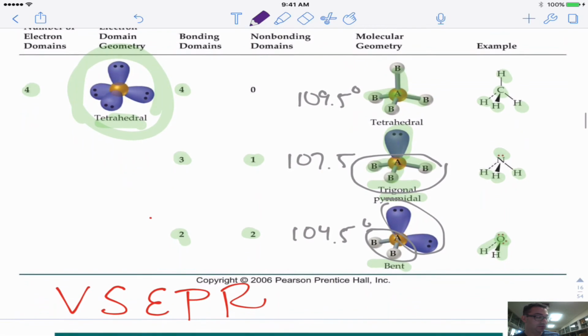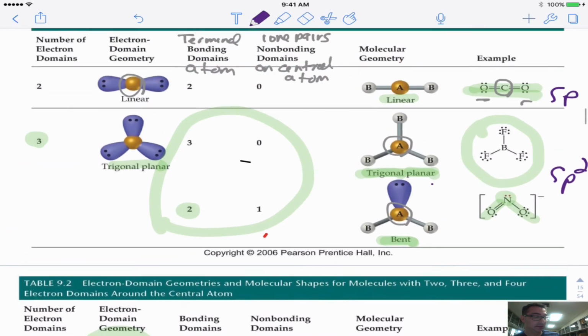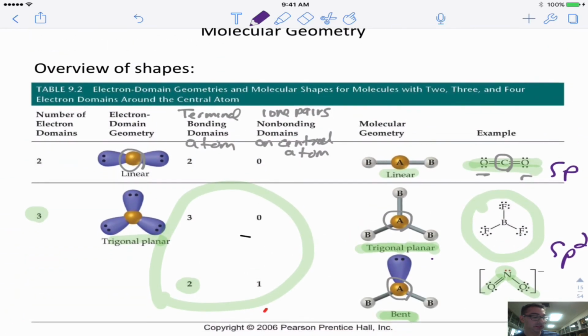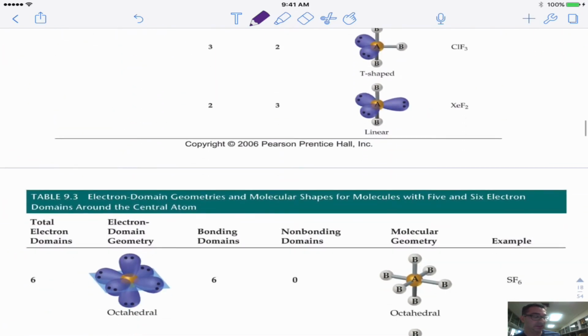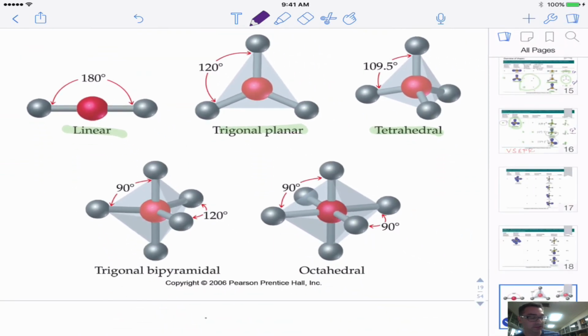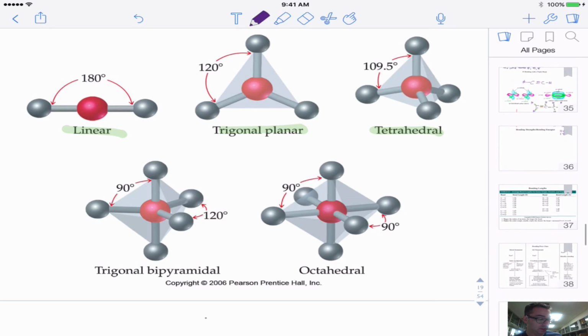If you are tetrahedral, trigonal pyramidal, or the other bent, you're always sp3. You can add up the domains and they'll add up to the number of hybrid orbitals. 4 will give you sp3: s, p, p2, p3, that's 4. Same thing over here, sp2 has 3: s, p1, p2. I'm not going to do the 5 and 6 domains, but maybe we can talk in class about what's going on with those.